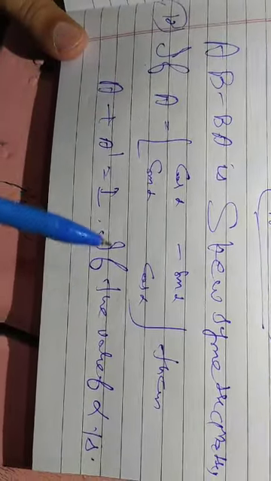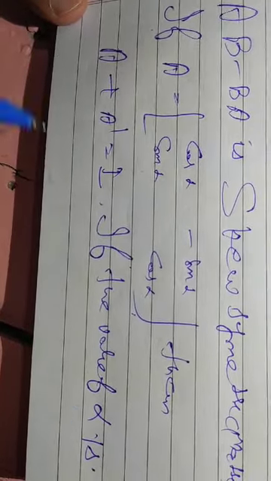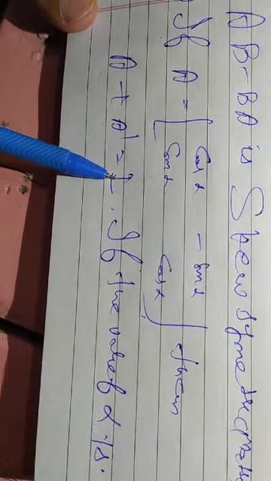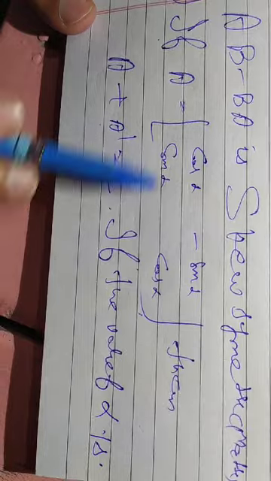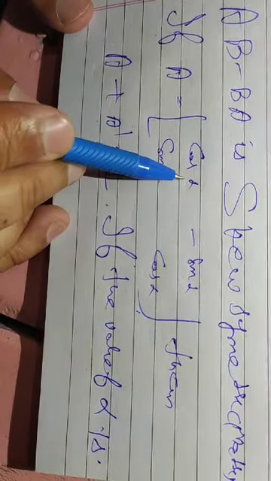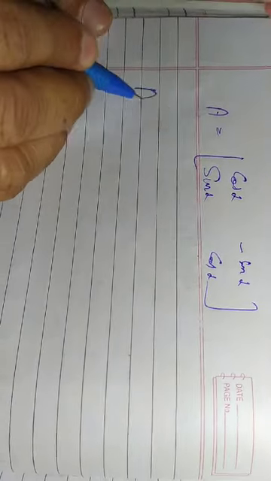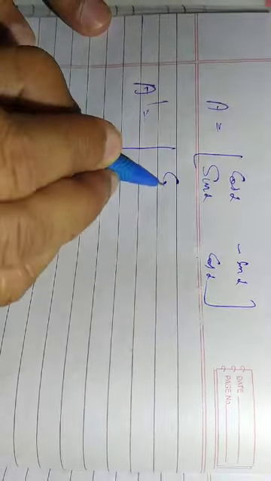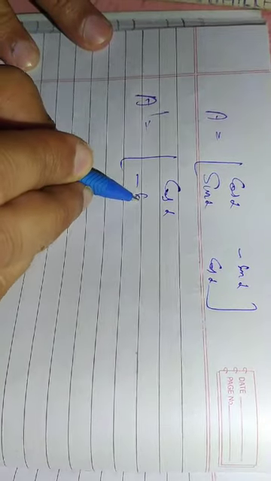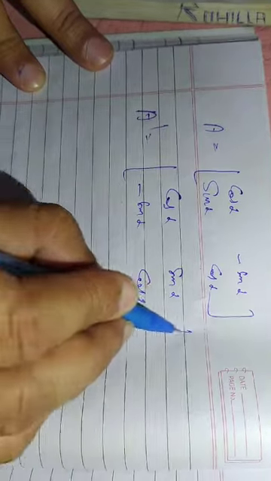If A is a 2 by 2 order matrix, cos alpha, minus sin alpha, sin alpha, cos alpha, and A plus A transpose is equal to the identity matrix of 2 by 2 order, we have to find the value of alpha. A is equal to this, and the transpose of A is cos alpha, sin alpha, minus sin alpha, cos alpha.